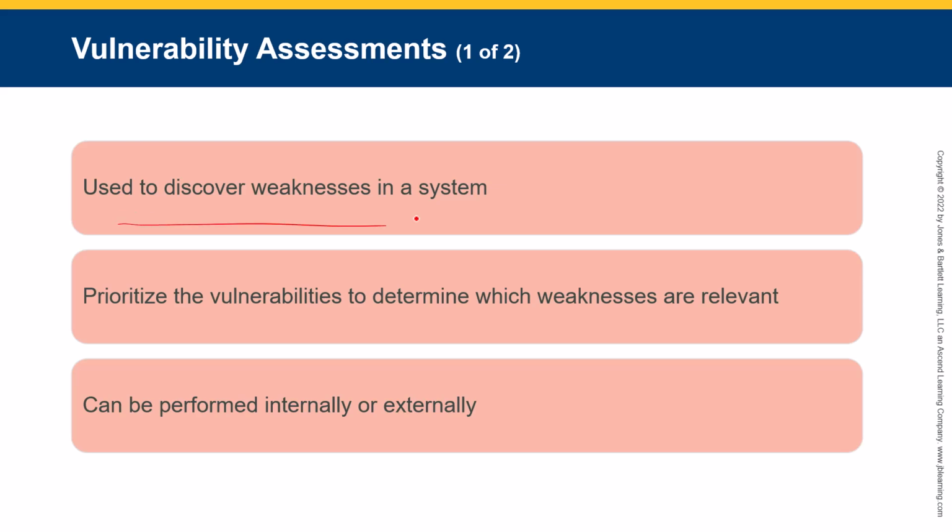So they're used to discover weaknesses in a system. That's the point of a vulnerability assessment. It also allows us to prioritize vulnerabilities to see which ones are the most likely and which ones have a weakness that is most relevant and might be exploited. This can be performed inside the network or outside the network, by internal staff or external staff.